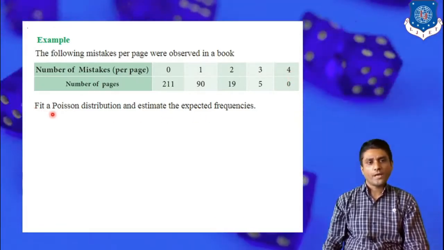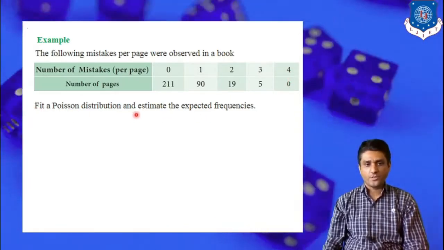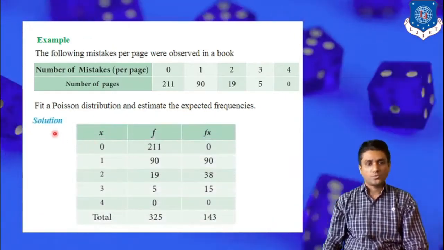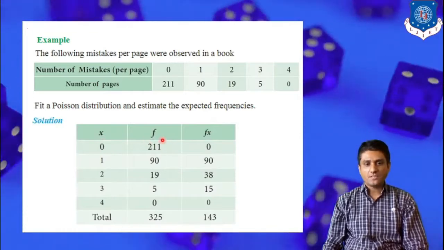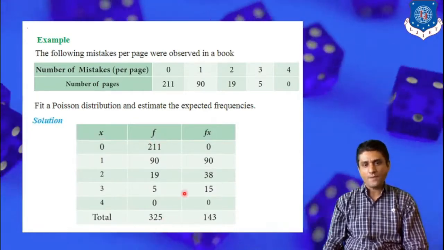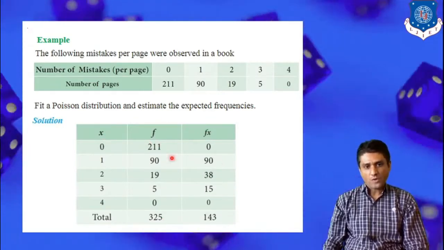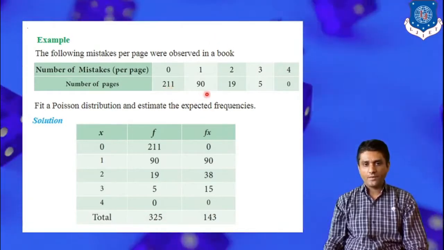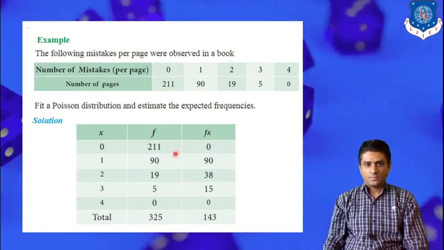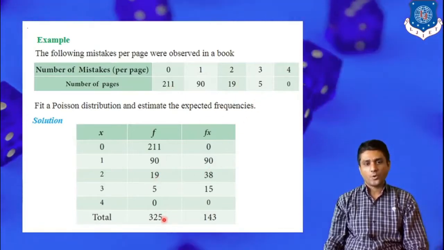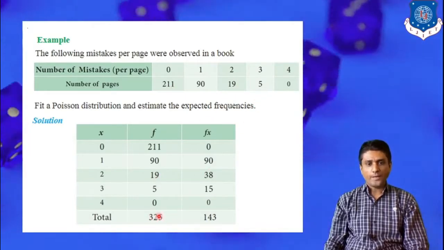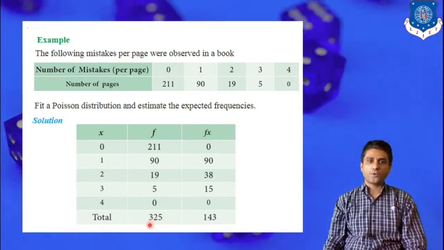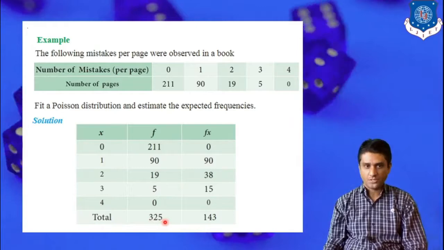Now our aim is to fit the Poisson distribution and estimate the expected frequency. Let's start the solution and obtain some basic information, that is sum of f and sum of fx. Sum of f is 325, from the addition of 211 plus 90 plus 19 plus 5 plus 0, so the book consists of 325 pages.